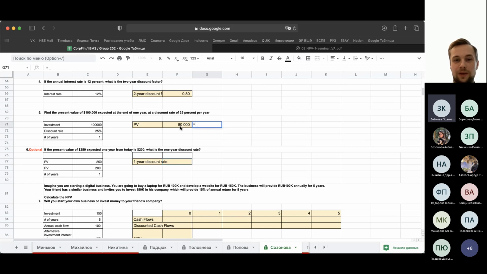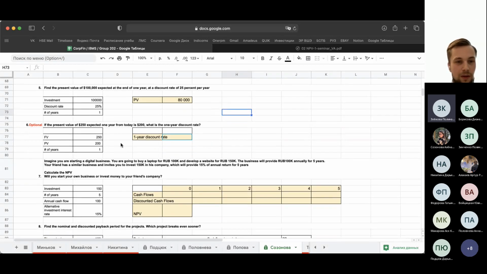If we invest this amount today, and we have an interest rate of 25% per year, we are going to have 100,000 at the end of the year. So this is the future value, and this is the present value. Any questions? No.